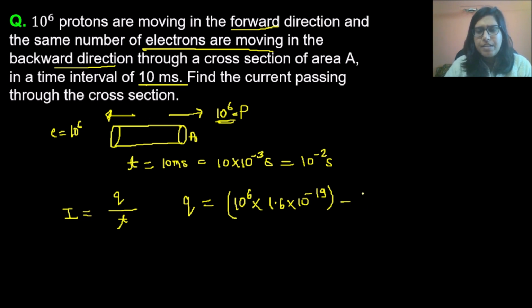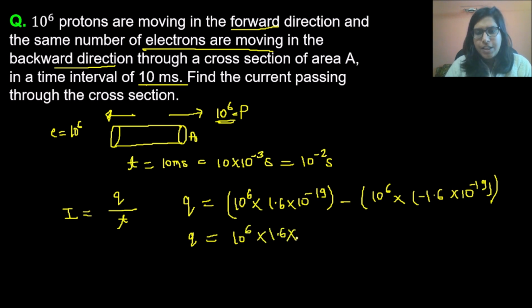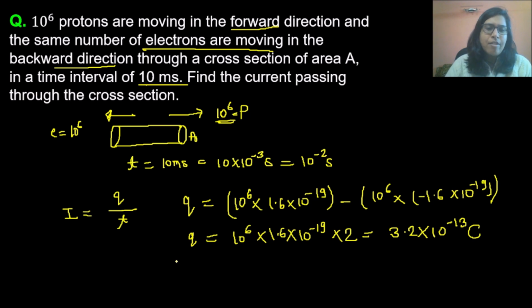So it will be minus 10 raised to power 6 into the charge on an electron, minus 1.6 into 10 raised to power minus 19 coulomb. Calculate this: 10 raised to power 6 into 1.6 into 10 raised to power minus 19 into 2. So this is 3.2 into 10 raised to power minus 13 coulomb charge.